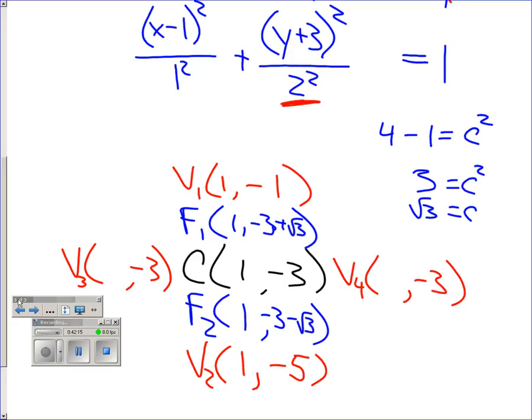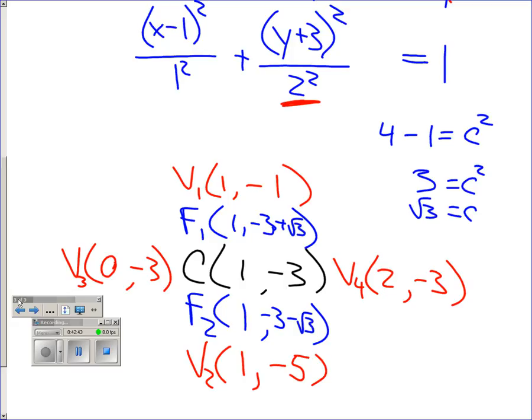But how far are we moving? We're moving the b, which is 1. That's the distance on the minor axis. That's right. So 1 to the left of 1 is going to be 0. 1 to the right of 1 is going to be 2. And once you have these, look how many points that is. That's 7. They're going to ask for all of them, right?